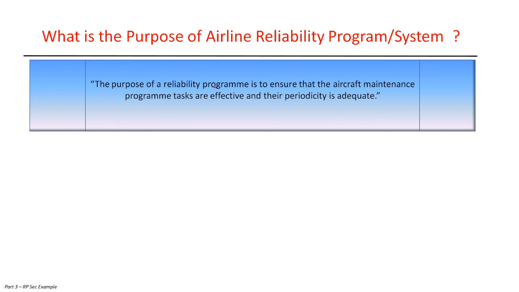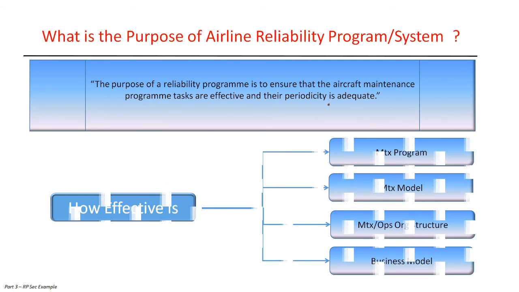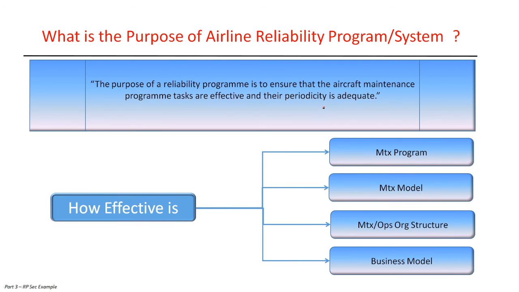The purpose of reliability program is to ensure that the aircraft maintenance program tasks are effective and their periodicity is adequate. How effective is it? In other words, we have to be sure how effective our maintenance program, maintenance model, maintenance operational organizational structure, business model, etc., are.